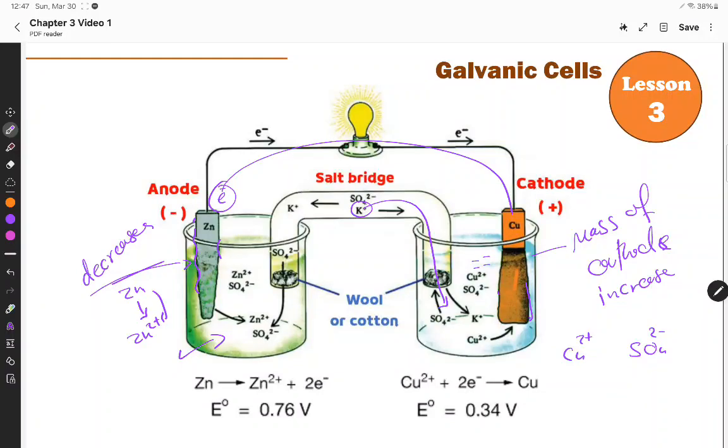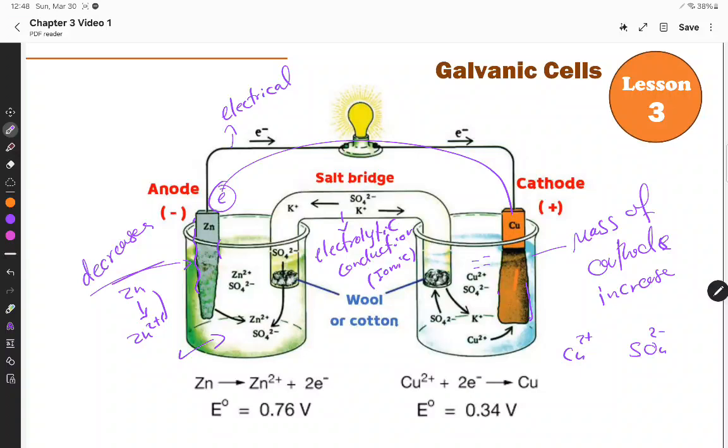Now let's sum it up again. Through the wire we have electrical conduction. In the salt bridge we have electrolytic conduction, or we call it ionic conduction. Like when you touch something, when your hand has water, you get a shock of electricity because water conducts electricity.